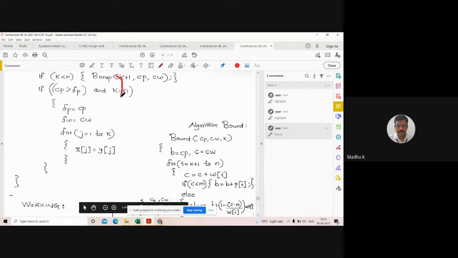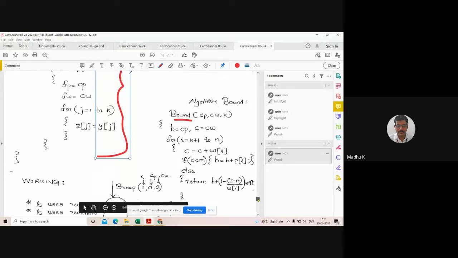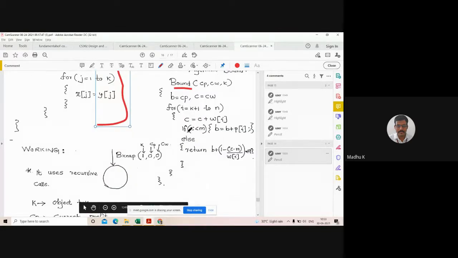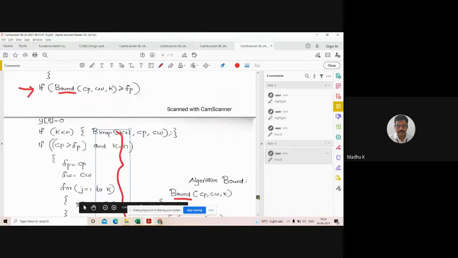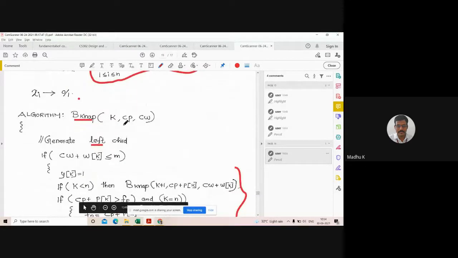And there is another algorithm, the bound function. Algorithm Bound. You should study all these algorithms thoroughly. So this is about the structure of the algorithm. Basically, this is the main algorithm BKnap, and there are three parameters.